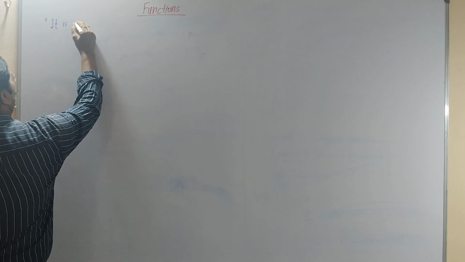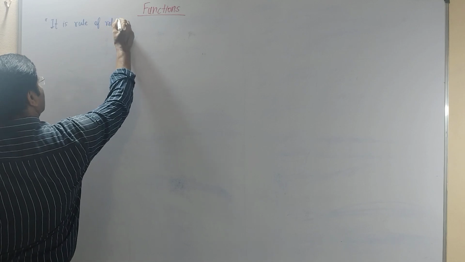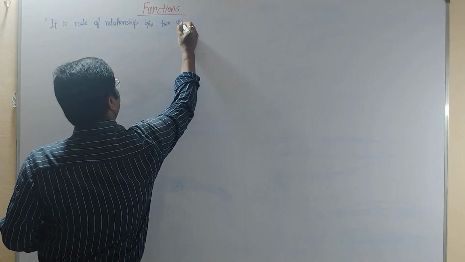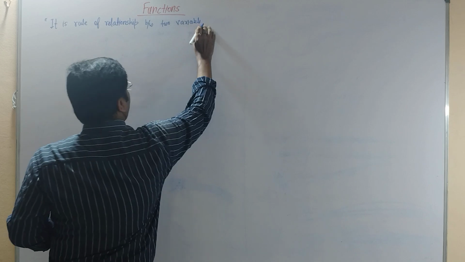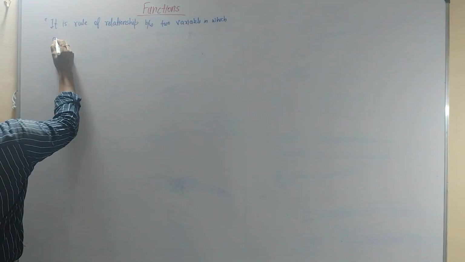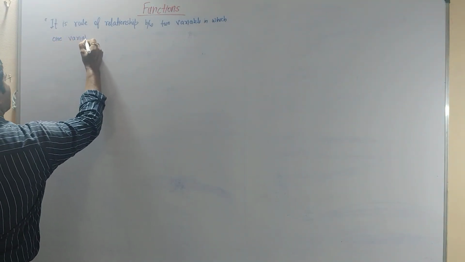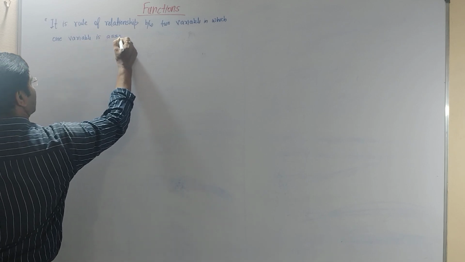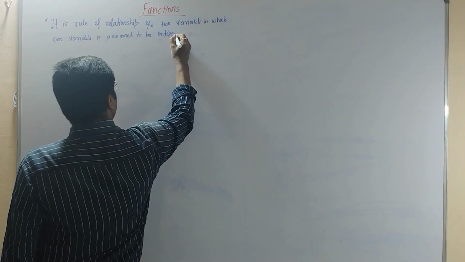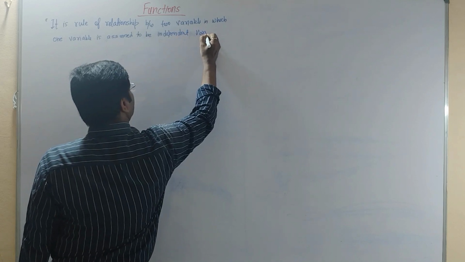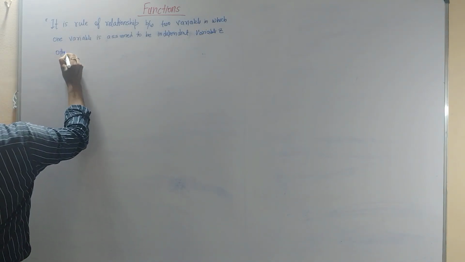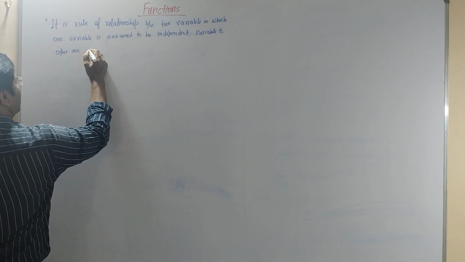It is a rule of relationship between two variables, in which one variable is assumed to be the independent variable, and the other one is the dependent variable.